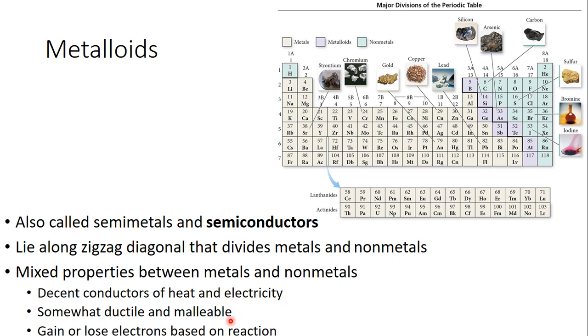They are not as malleable or ductile as the metals, but they are better than the nonmetals. And they can gain or lose electrons. It's really just based on the reaction. So they're halfway between a metal and a nonmetal, and you can see that they actually fall right there on the periodic table.